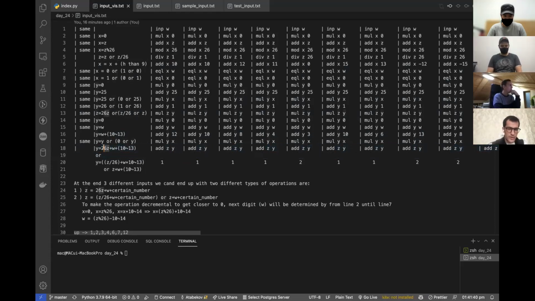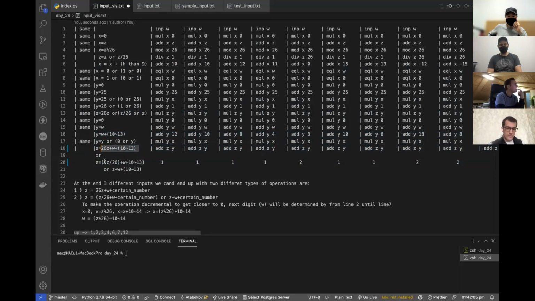The first one being, we can end up with z equals 26z, which will multiply our initial starting z by 26 and add some integers to it. So basically it will increment our z.